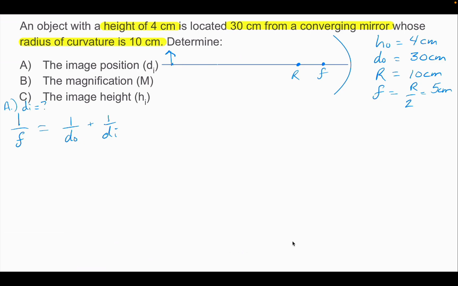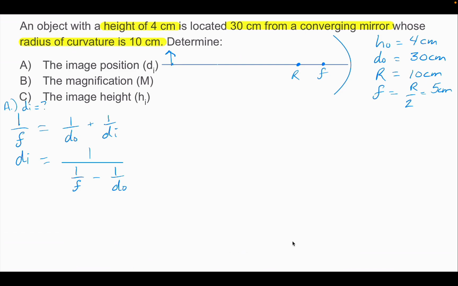Through rearranging this equation and solving for DI, we see that DI ends up being equal to 1 over our 1 over F minus our 1 over DO here, right?